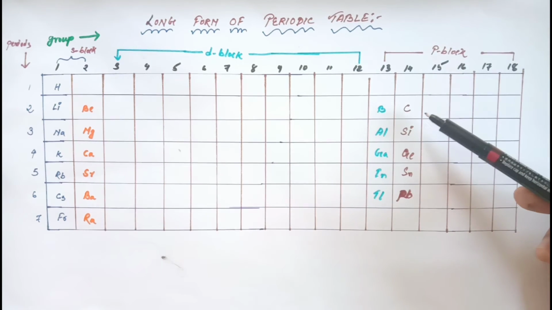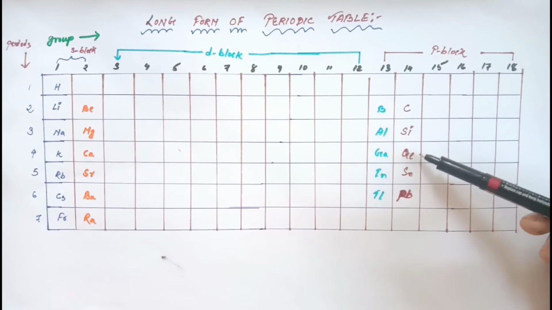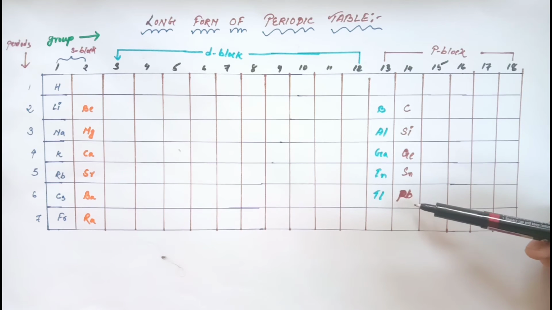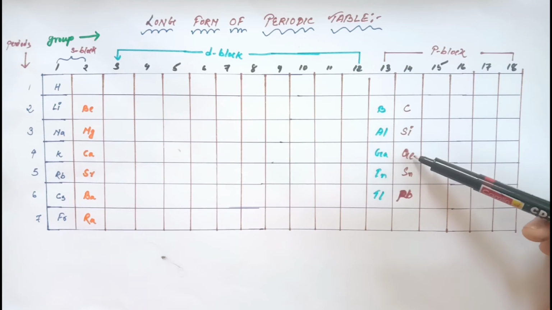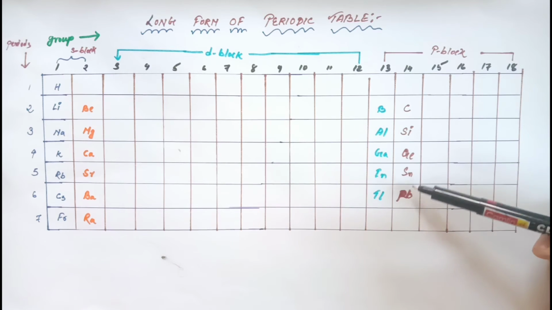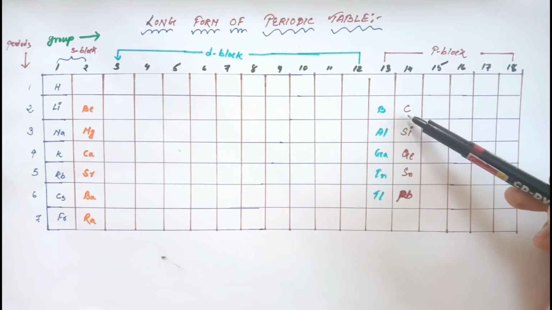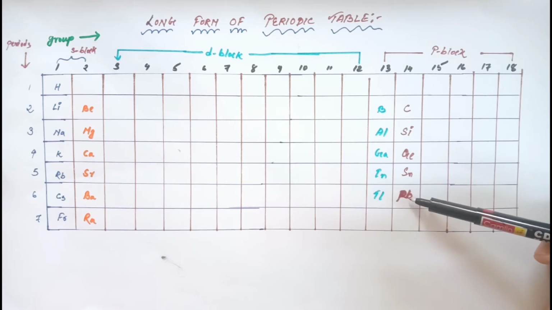Group 14 elements contain carbon, silicon, germanium, tin and lead. We can also remember these elements in mnemonic form: Kon, Si, Gita, Sunita, Prabha. Or we can say Kahe, Sibji, Suni, Parvati.